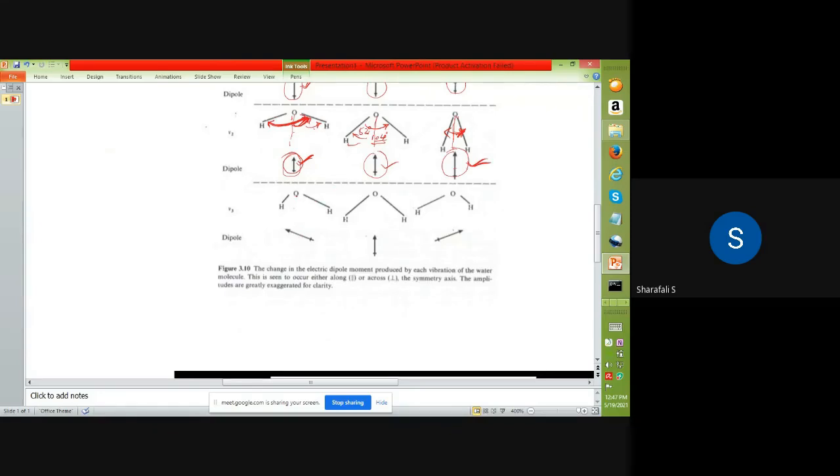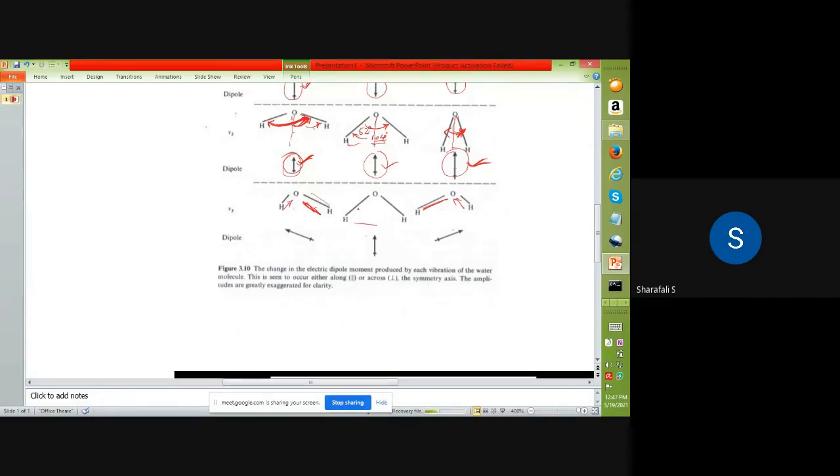So we have oxygen, and this hydrogen is in this position, which is not going anywhere, but this other hydrogen is moving towards the oxygen. Only one hydrogen is vibrating: one bond is getting reduced, and the other bond is fixed.